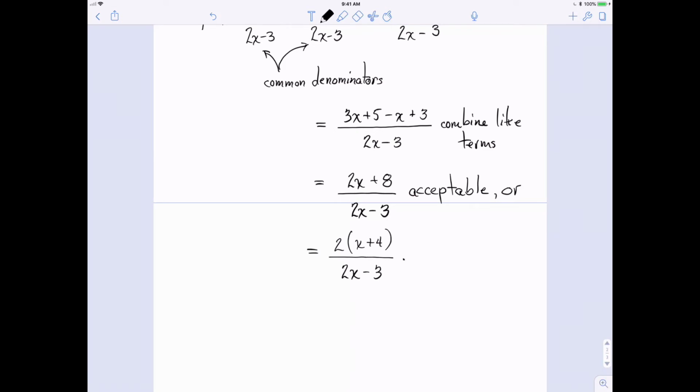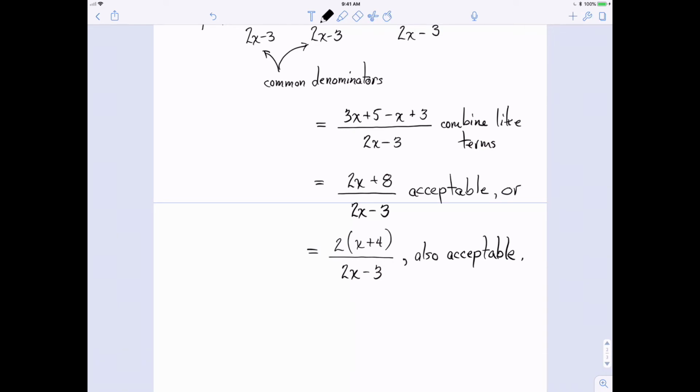So if you wanted to go one step further, you could write it this way, which is also acceptable. I write this because sometimes in the answers you'll see it in factored form, and sometimes it'll be left in polynomial form, and you'll need to be able to move your results back and forth between the two.